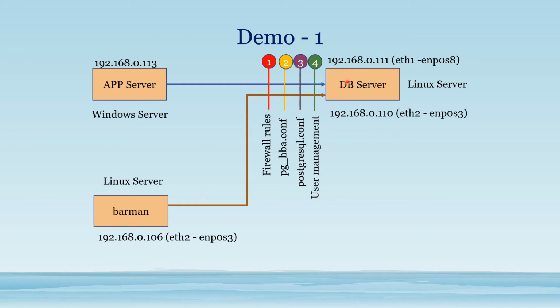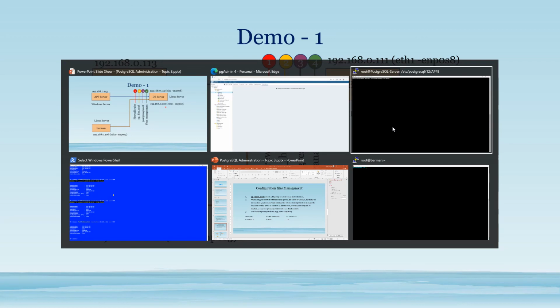Since the firewall rules are open for 5434, I need to define the rest, like pg_hba and postgresql.conf, to allow my barman server to connect to the DB server with the IP address 192.168.0.110.